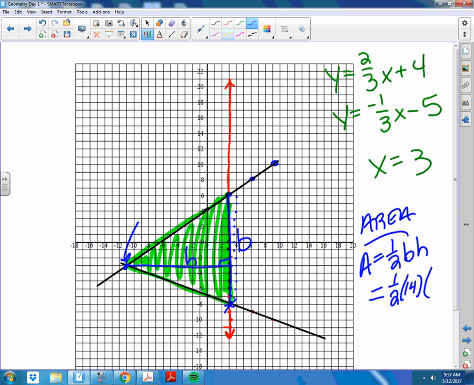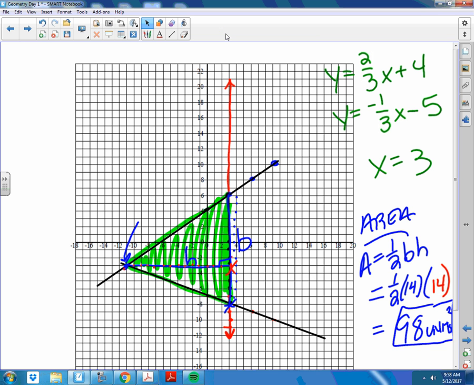And the height, I would do the exact same way: 1 through 14. Then I can do 1/2 times 14 times 14, which is 98. By the way, units squared.